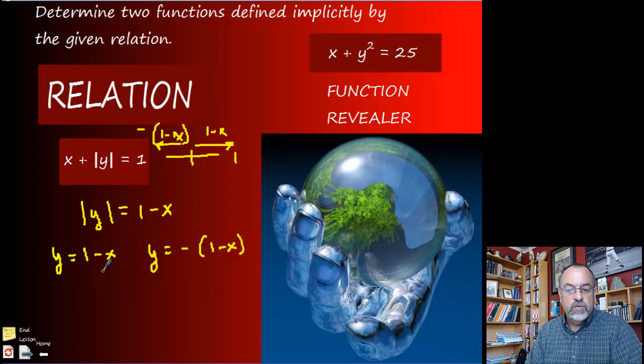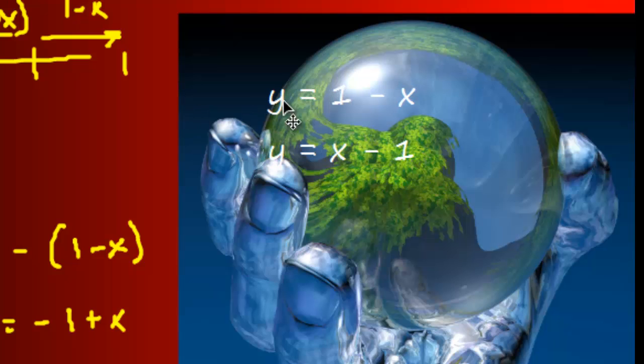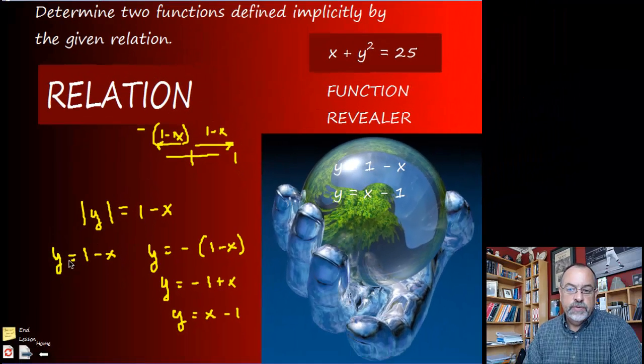So y is equal to 1 minus x would be one function, and y is equal to the opposite of 1 minus x, which is x minus 1, would be the other function implied by this relation. So when you're dealing with absolute value, you can get those. That is how to determine implicit functions within a relation. Solve for y, and that will give you the two functions.